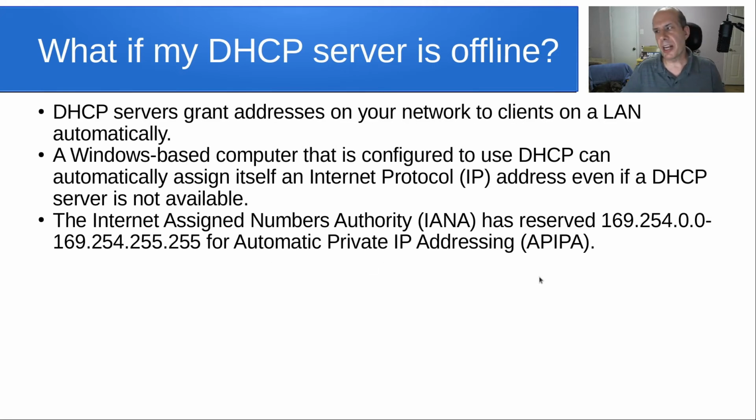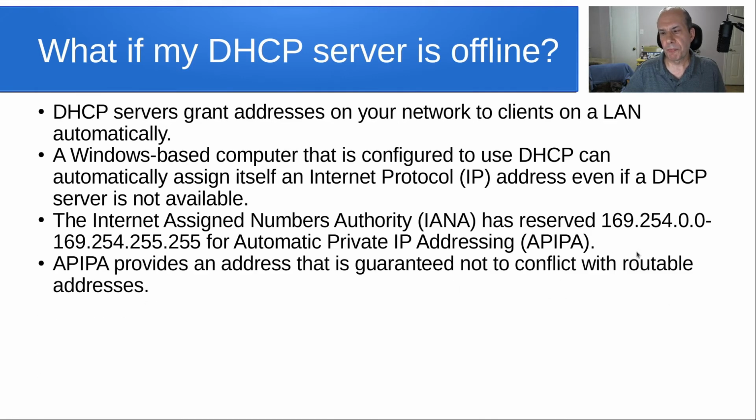So if your DHCP server is offline, it will use the auto configuration ID and it will snatch an address in the 169.254 network. APIPA, as it's called, and again, that's not a special beer, it's not an IPA, don't get all excited, provides an address that's guaranteed not to conflict with routable addresses, because this is one of the non-routable addresses.